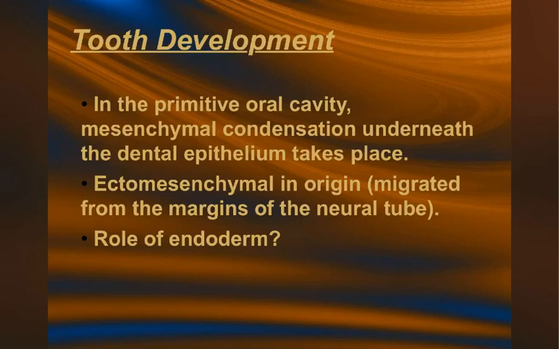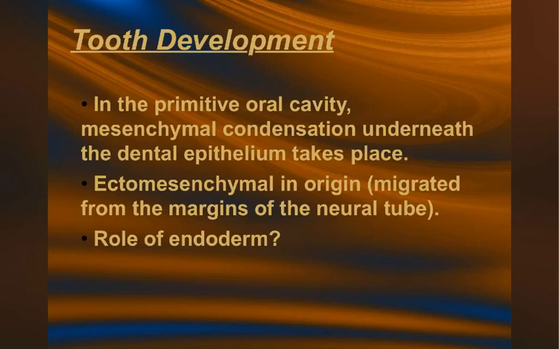In tooth development in the primitive oral cavity, mesenchymal condensation underneath the dental epithelium takes place. It is ectodermal in origin, migrated from the margins of the neural tube.